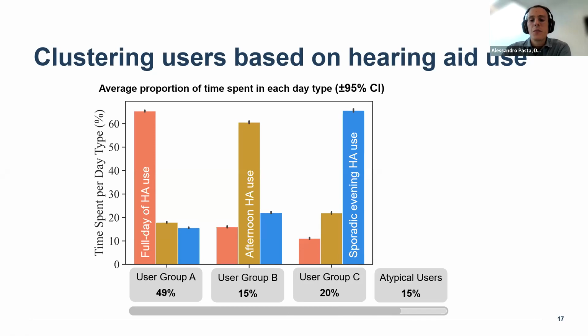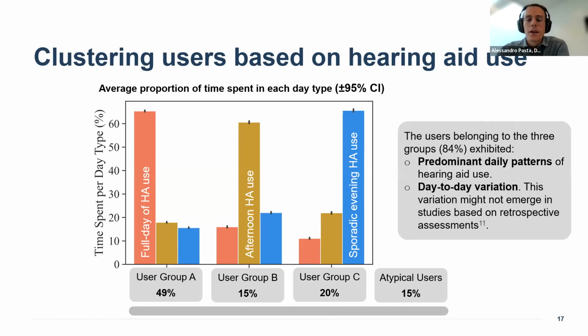Finally, we have 15% of users, which was labeled as atypical by our clustering algorithm, exhibiting a pattern of usage which is not similar to other users, and therefore was not placed in any of these three clusters.